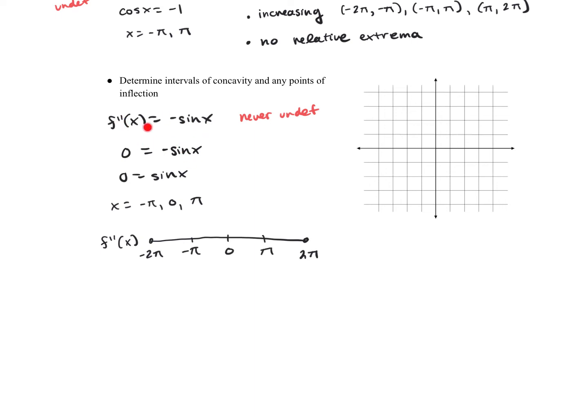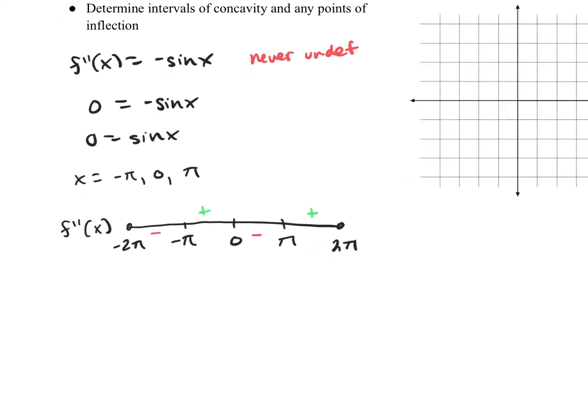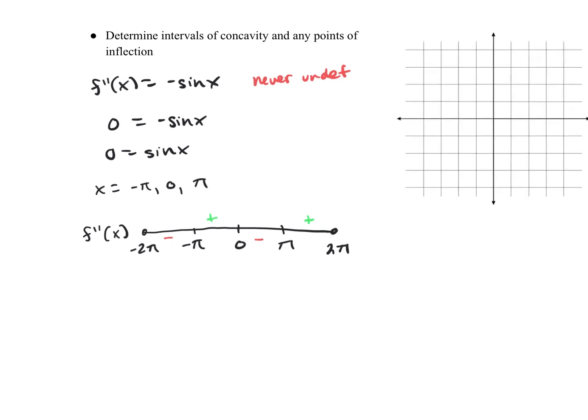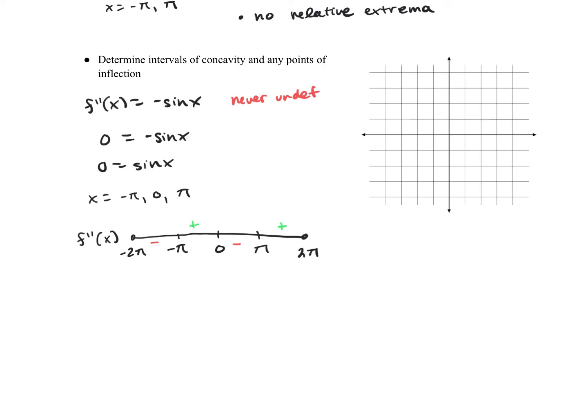And again, we're doing a sign analysis of this function. So we know that usually our sine function starts at 0 and then goes up, but we have that negative out front, so that means it's going to be negative here. And then we know that it will cross back over at pi, so then it'll be positive here. And it kind of follows that pattern of going above and below the x-axis. So we can see which regions our graph is concave up and where it's concave down.